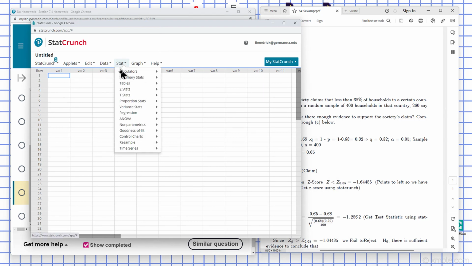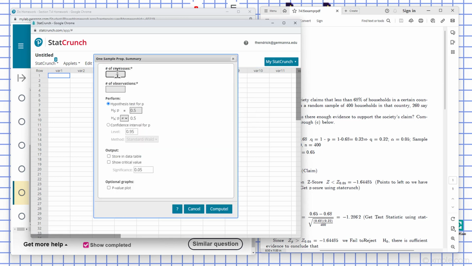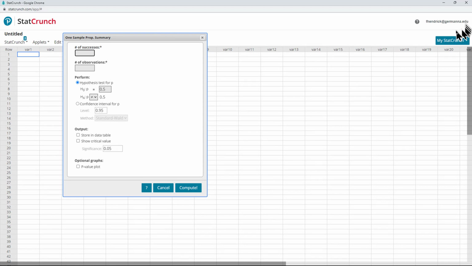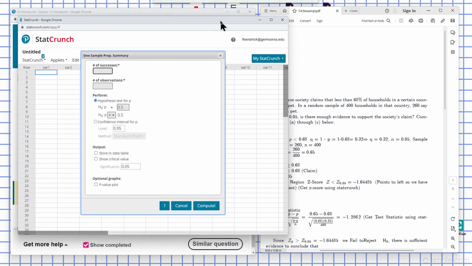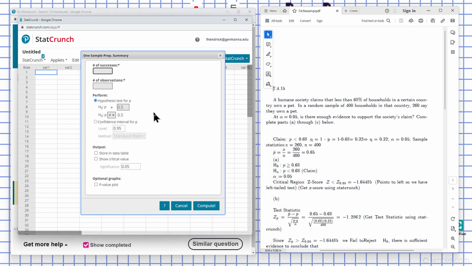So I can go to Stat, Proportion Stats, one sample with summary. The number of successes is my x, and that's 260. n is 400.